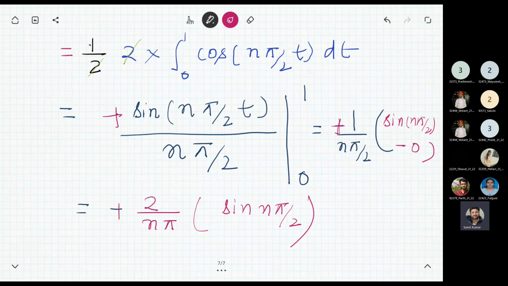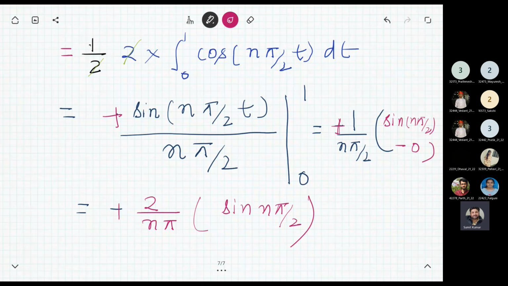It will be 1 for every value of n? What will be the general solution? If n is odd, the value is 1, sir, and for even value it is 0. For odd values of n, the answer will be 1, and for even values of n, the answer will be 0, isn't it?